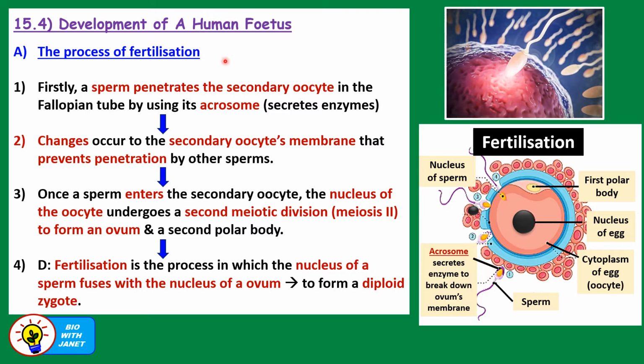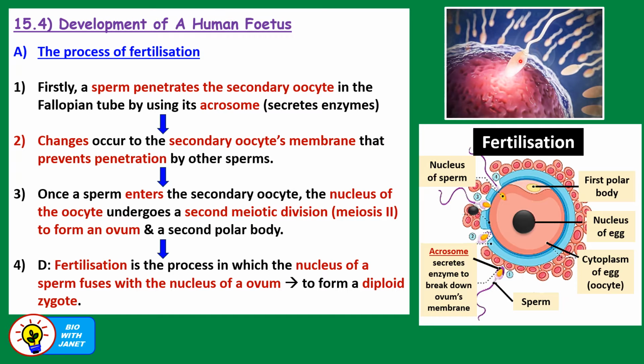Okay. Now, firstly, a sperm penetrates the secondary oocyte in the fallopian tube, right? So if sperms get into the female reproductive system, then they will swim towards the fallopian tube and they'll be attracted to chemicals released by the ovum, and then they will swim towards the ovum.